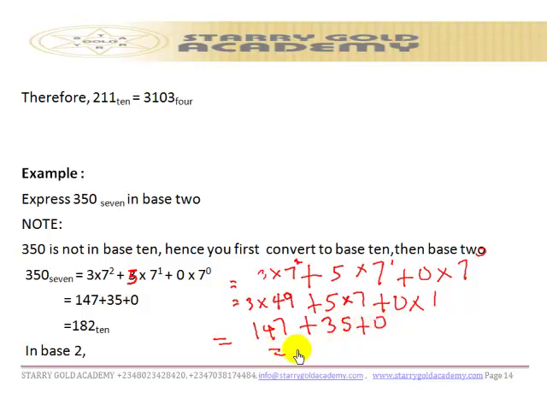So 147 plus 35, you're going to be having 182. Now what you have done is that you have converted 350 base 7 to base 10.